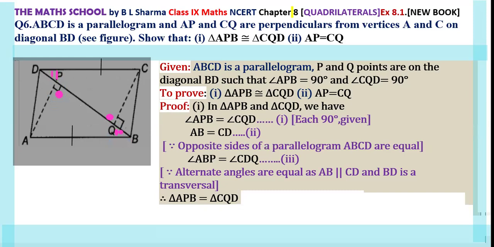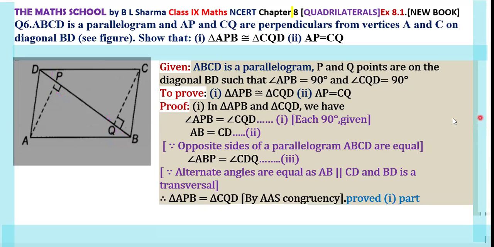That is why the two triangles are congruent. I should write here the sign of congruency.